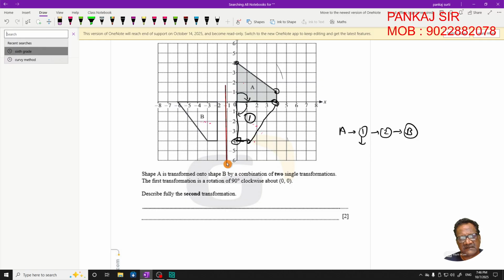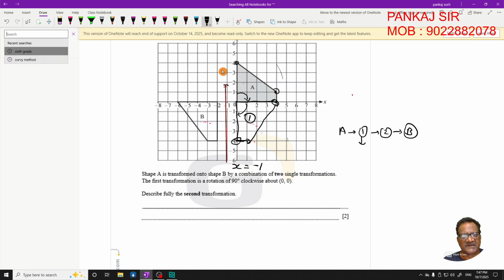Roughly this is that line, the mirror line. Now if I want to name this mirror line, this is parallel to the y-axis, so it will be x equal to, and it is passing through -1.